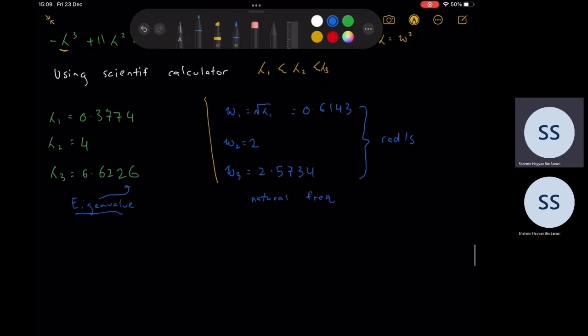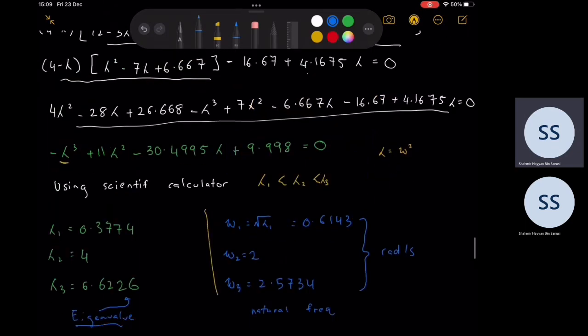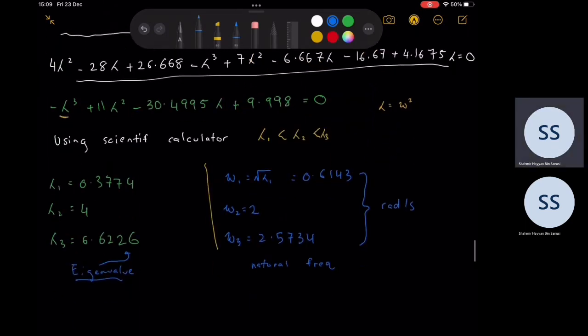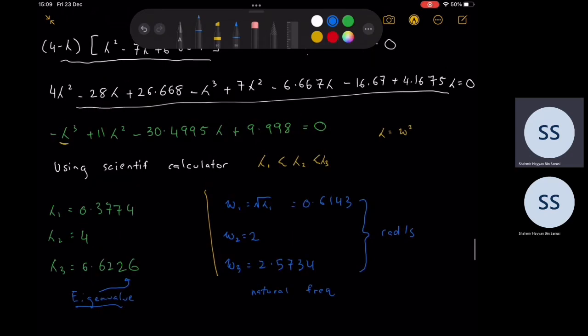So next, we want to get the eigenvector. Since we have 3 eigenvalues, we will also obtain 3 eigenvectors. So how can we obtain the eigenvector?